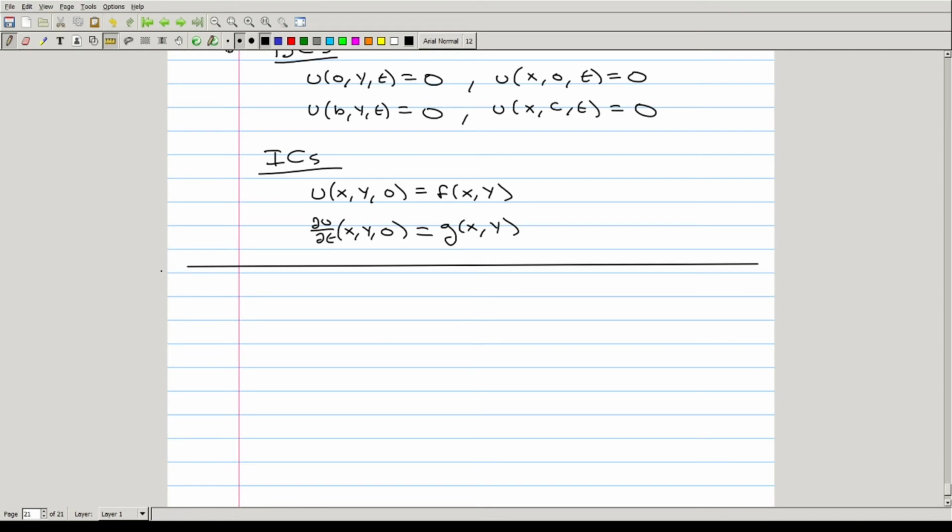So step 1 is trying the ansatz to look for all separable solutions of the form u of x, y, t is equal to some function of x times some function of y times some function T of t.